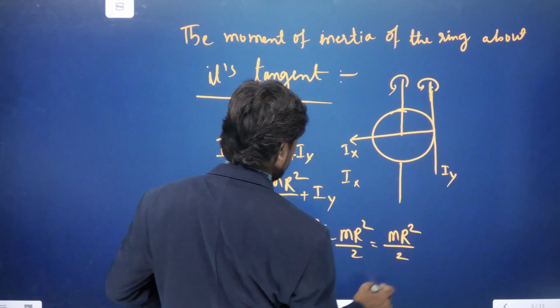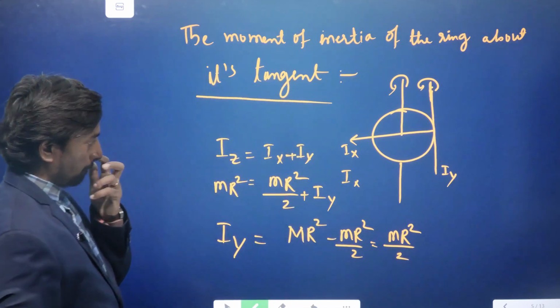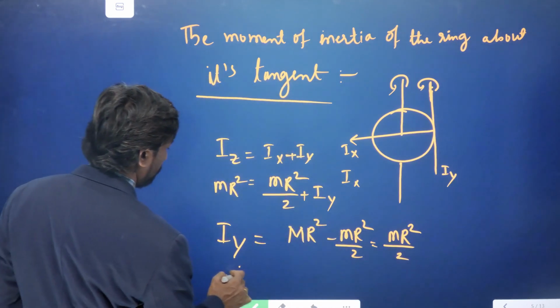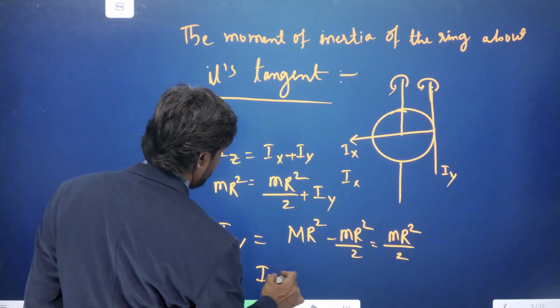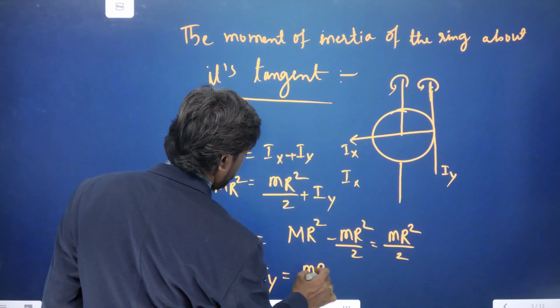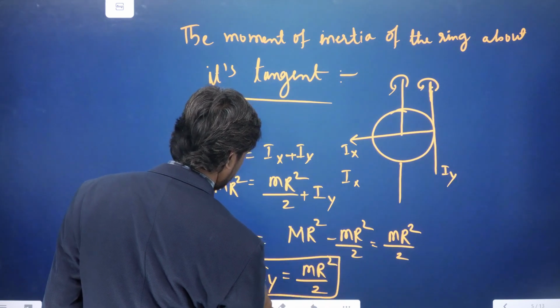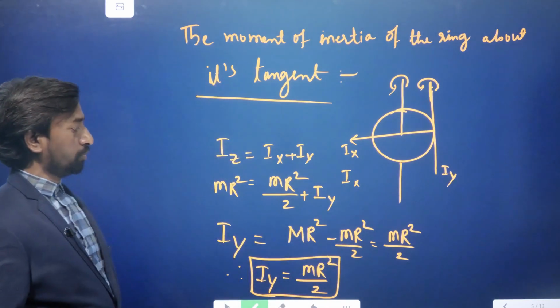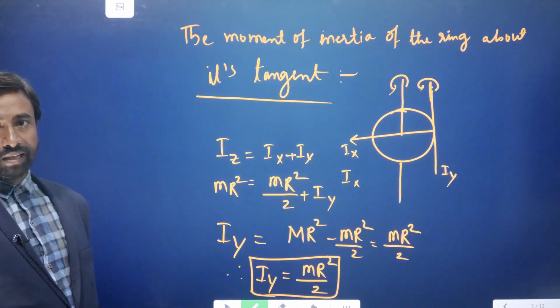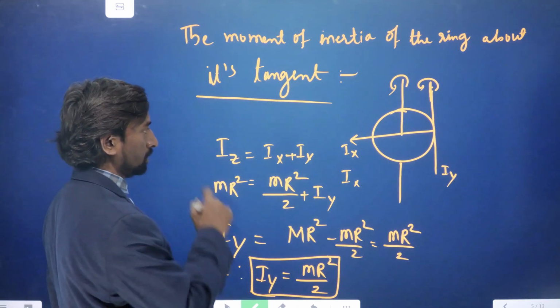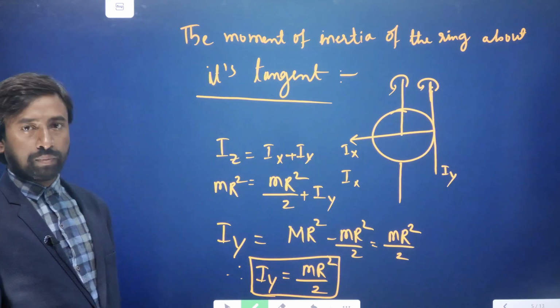So the moment of inertia about the tangent, Iy, can be written as mr square by 2.